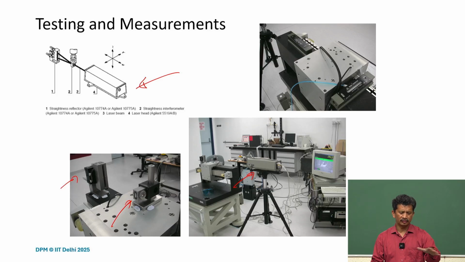These are the bare minimum that will be required: different kinds of flats, different kinds of leveling tools, interferometers, and if you are going for a dynamic application, even piezo actuators and different kinds of sensors, capacitive sensors, inductive sensors, which work in the micron range.